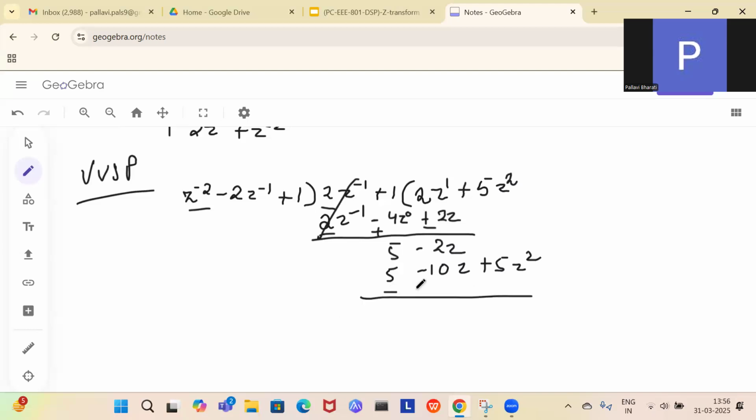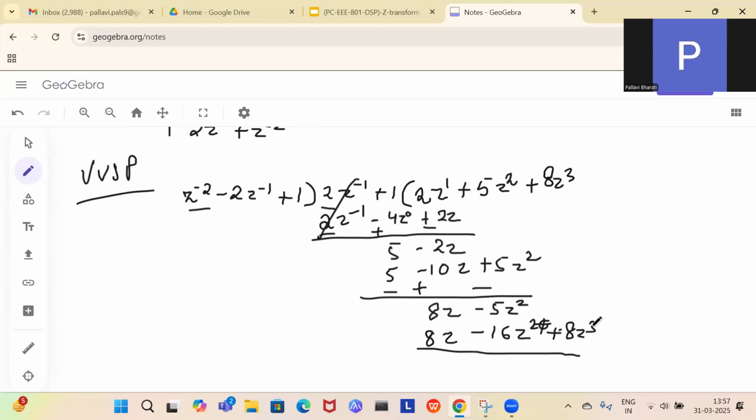Now again subtract it. 8z minus 5z squared. Now here you see there is z to the power minus 2, and here you have 8z. So what should you multiply? 8z to the power 3. So now you will be getting 8z, and then here what will you be getting? Minus 16z, z to the power 3 minus 1, that would be 2, and plus 8z, plus 8z cube.